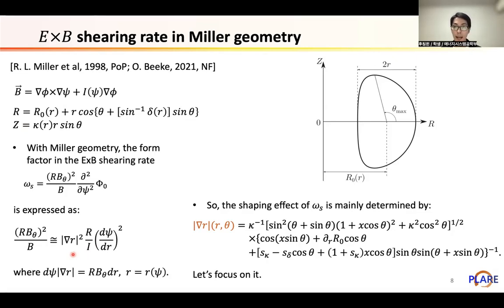If we consider a high aspect ratio tokamak configuration, the capital R doesn't vary so much along the flux surface. So we can, for now, just focus on the factor delta R. It is written like this.